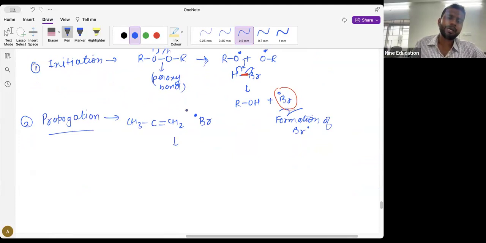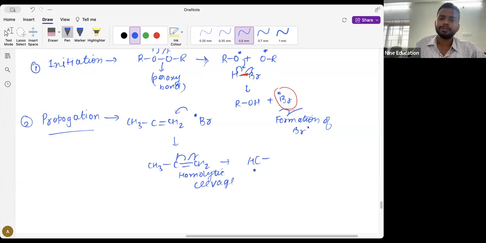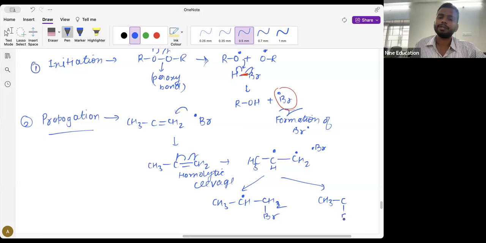This Br radical will attack here, and this alkene will go for homolytic cleavage, so a radical will be made on each carbon, and the Br radical can make a bond with the first one or with the second one. If it bonds with the first one, this radical will be formed, CH2 and Br will come here. If it bonds with the second one, this one will be formed.